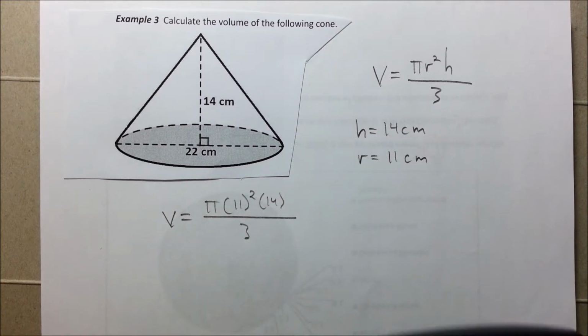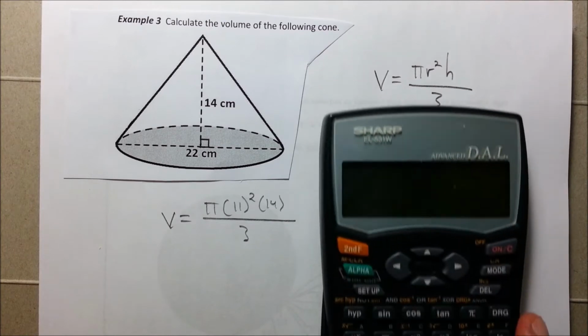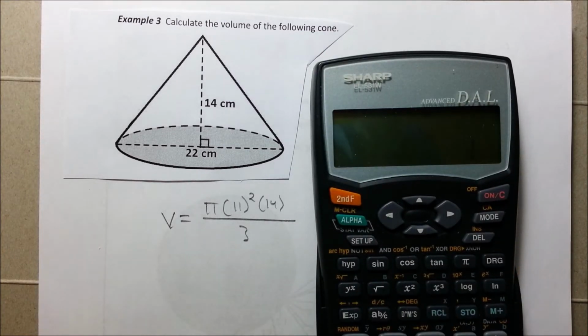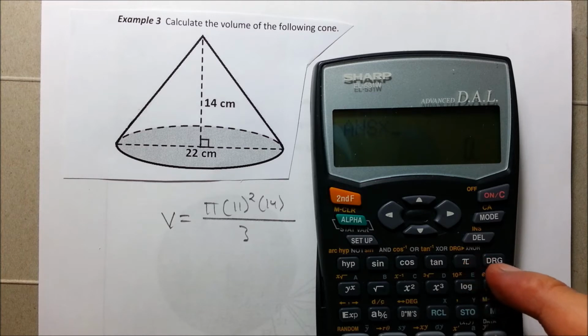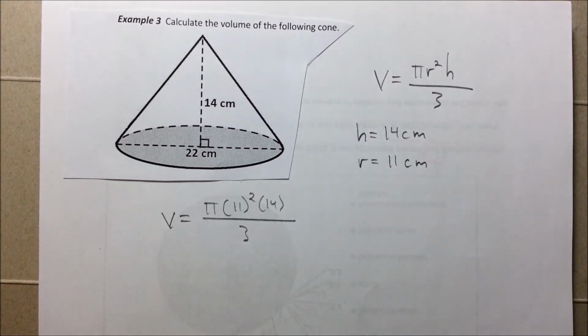Now make sure you can put these in properly in your calculator, or else you might mess them up. So I'm going to do 11 squared times 14 first, times pi divided by 3. So I'm getting 1773.9.